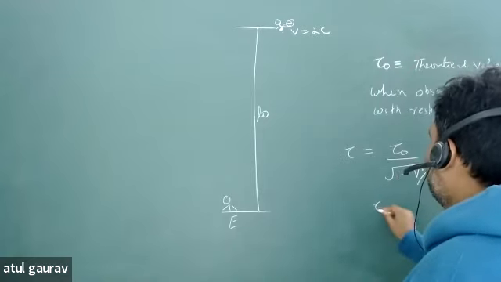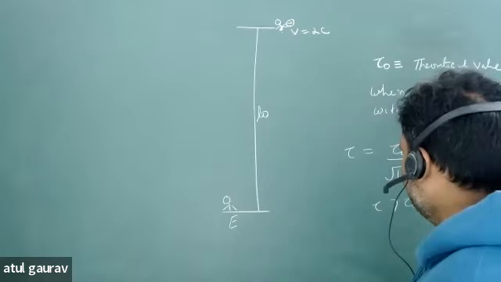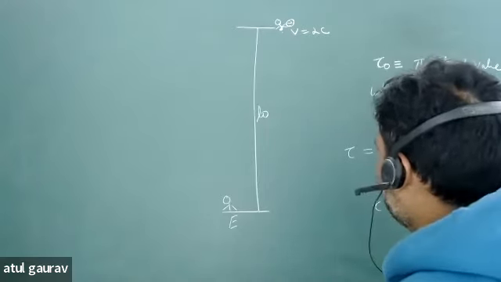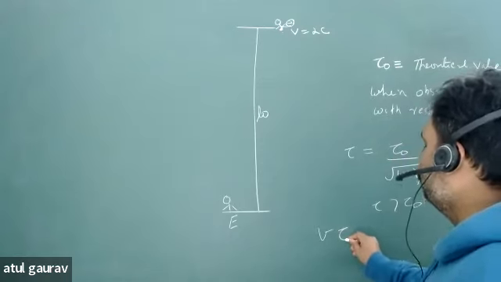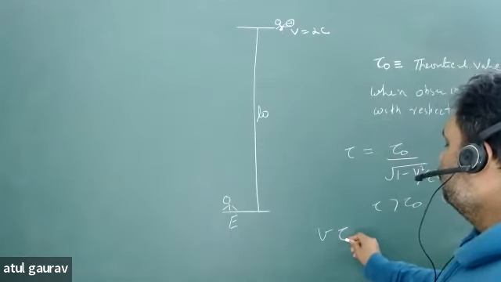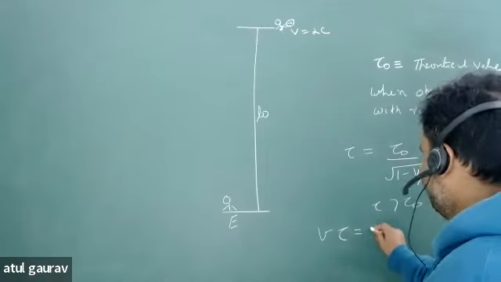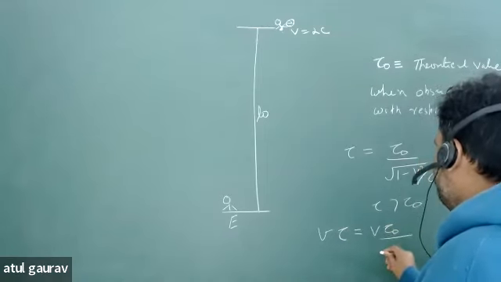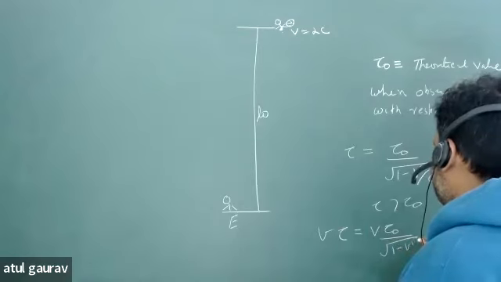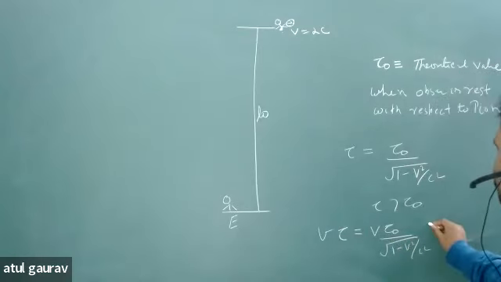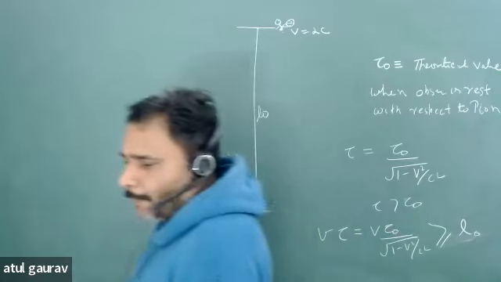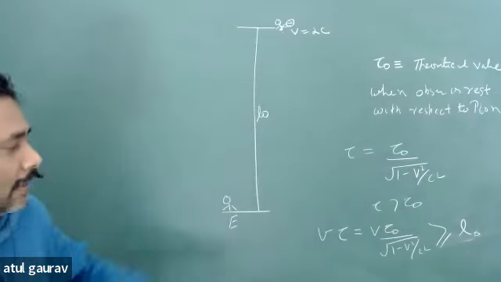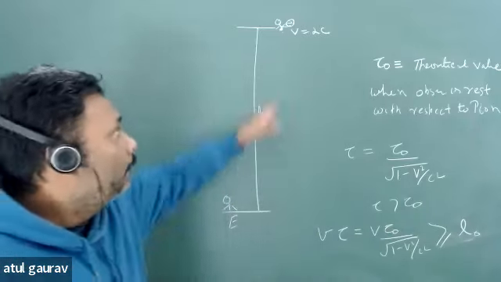And here tau is greater than tau naught. And now if you calculate v into tau, that is v into tau naught root under 1 minus v square upon c square, it must be greater than L or L naught. अब आपको समझ में आ गया कैसे आप जस्टिफाई कर सकते हो कि पायोन यहां से यहां आ गया?